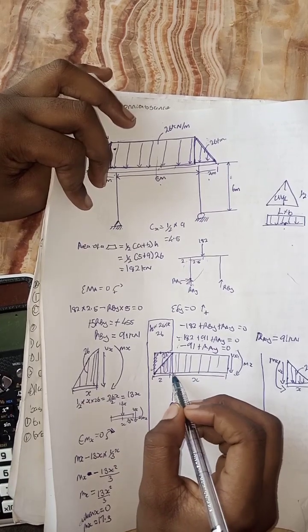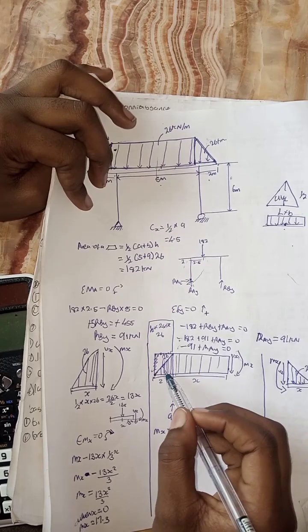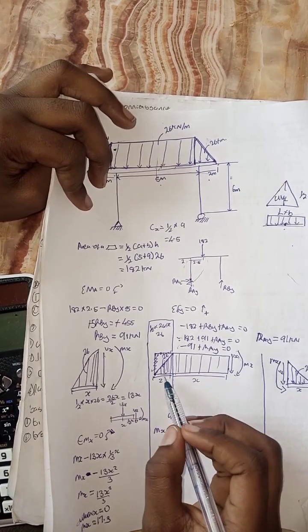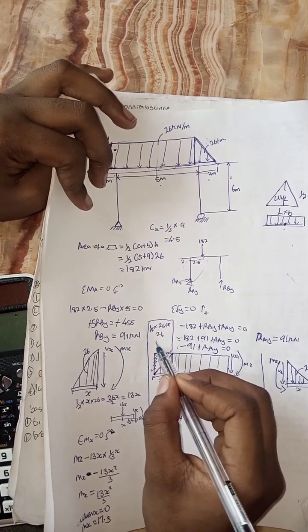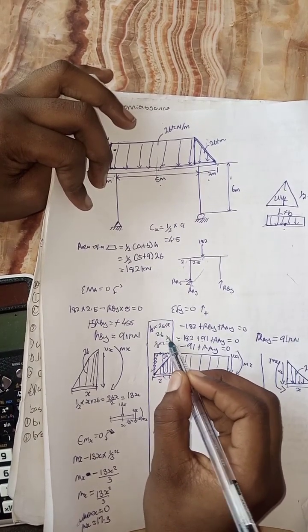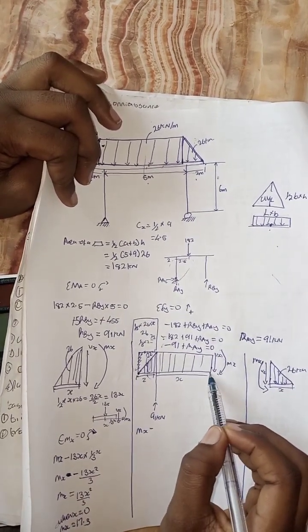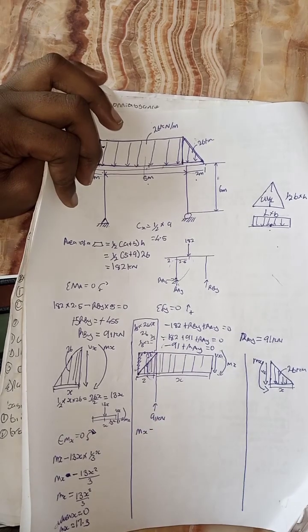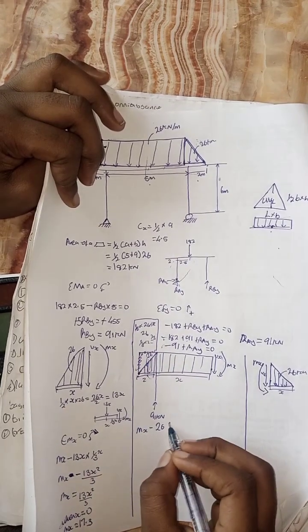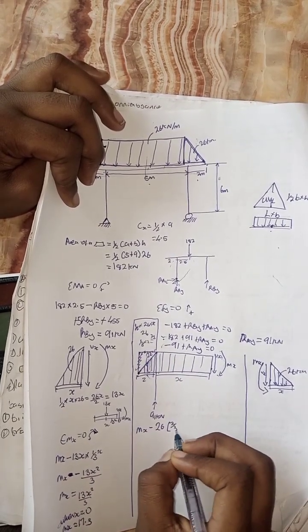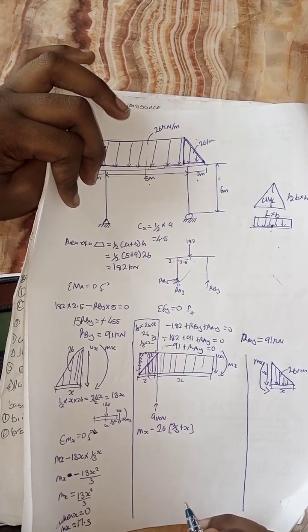It is acting at 1 over 3 from the base. So that's 26 as a point load moving in this direction, right? From here is 1 over 3 of 2, which is 2 over 3. For this point load to move all the way to this place, in the anti-clockwise direction, that would be 26, the point load, times 2 over 3 plus x. I hope you understand, right?